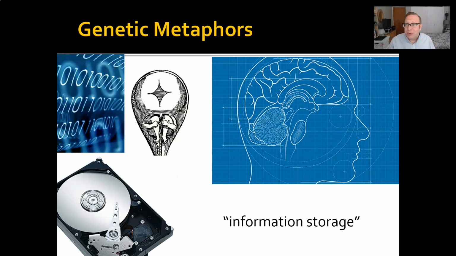The same is true when we try and use the metaphor of information, that DNA stores information the way a hard disk does, right? Except instead of using zeros and ones, it has a 4-letter code of A's, T's, C's, and G's. We'll get into that in the next video.